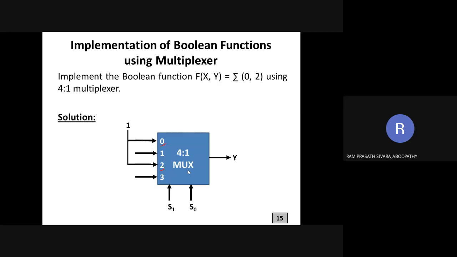The block diagram la logic 1 constant value I am giving at the inputs I0, I2 la நான் டைரக்டா என்ன பண்றேன்? 1 அப்ளை பண்றேன். What about I1 and I3? For that combination, what output I must get? Logic 0. So we are connecting logic 0.